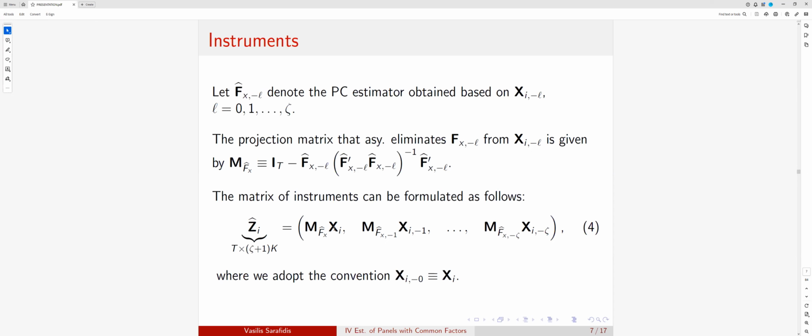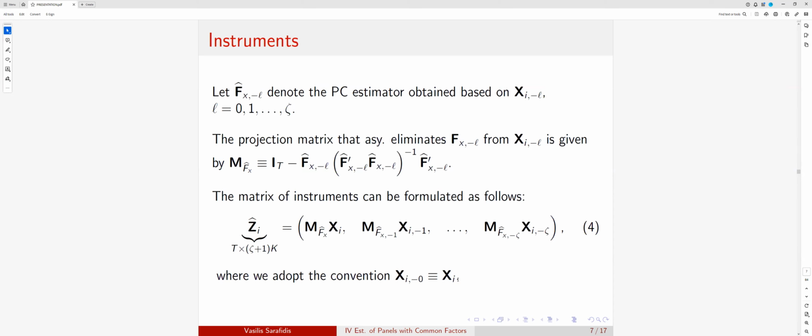So this is the contemporaneous value of the defactored x, and the remaining matrices are the lagged values of x defactored. We adopt the convention here that x minus 0 equals x itself. So the zeroth lag of x is x.